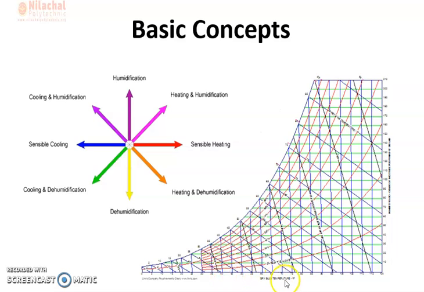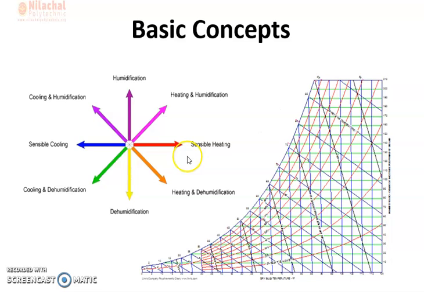Here in the horizontal axis is dry bulb temperature and the vertical axis is specific humidity W. When you are talking about sensible heating, if you are going horizontally towards the right in the chart, then you are increasing the temperature only, and the specific humidity will be constant.